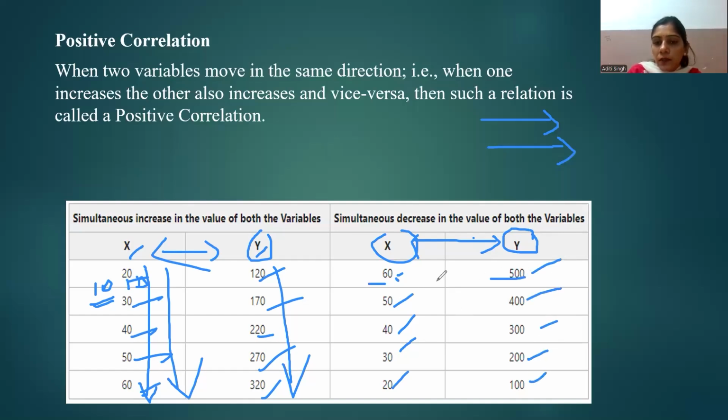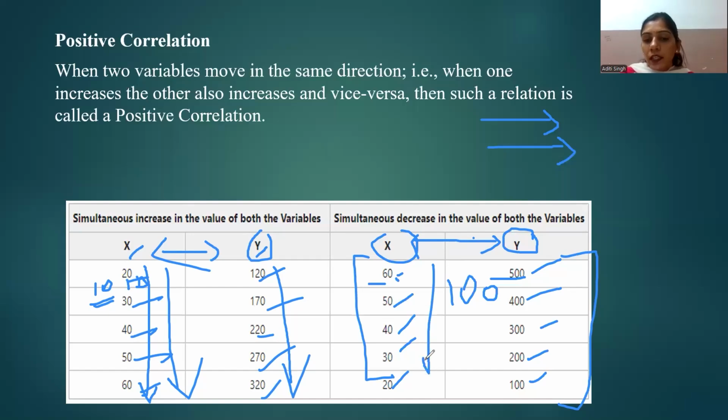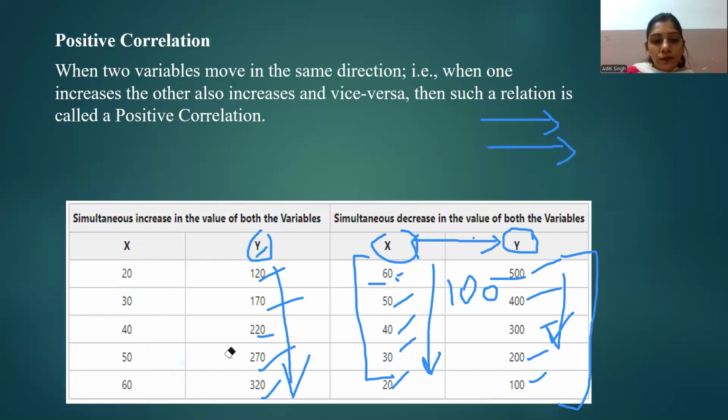The difference is 100. So this shows positive correlation among the variables. As x is decreasing, y is also decreasing in the same average. So this is the positive correlation.